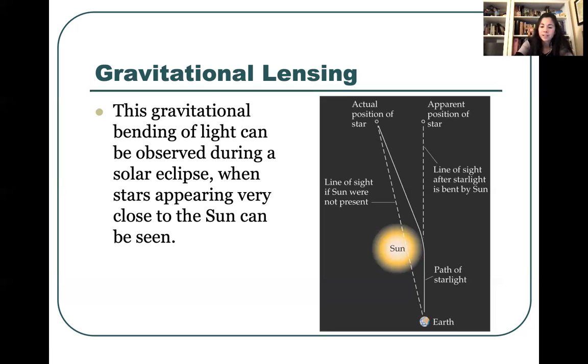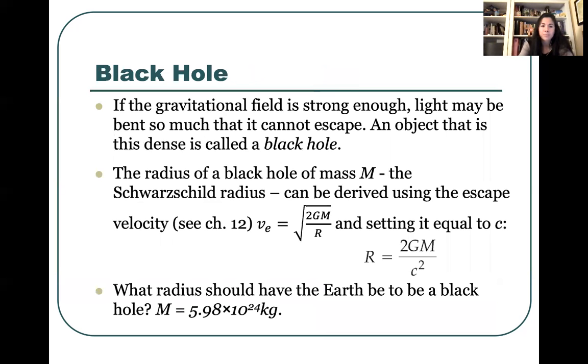we're going to next talk about black holes. All right, so black holes are essentially very massive objects that are concentrated in a very small space. So if you think about what we just saw and the bending of the light, and just imagine that you are now looking at a gravitational field that is extremely large.